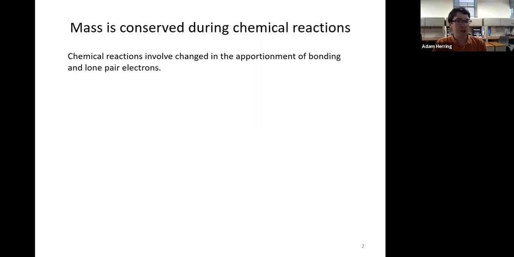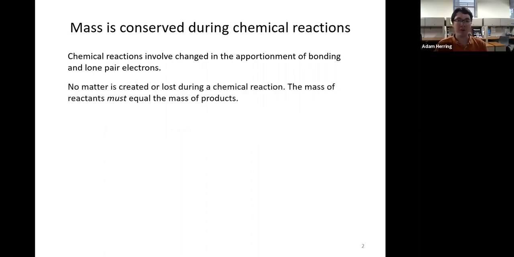During chemical reactions, this occurs because what we're changing is how the bonds are formed and where the electrons are, but we're not converting material into energy, which is the case for nuclear chemical reactions. So no matter is created or lost during a chemical reaction. As I said earlier, the mass of our reactants must be equal to the mass of the products.